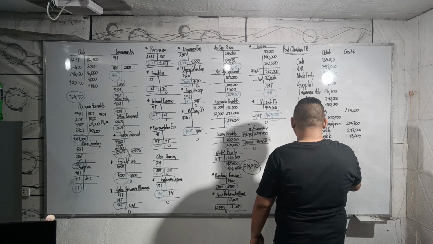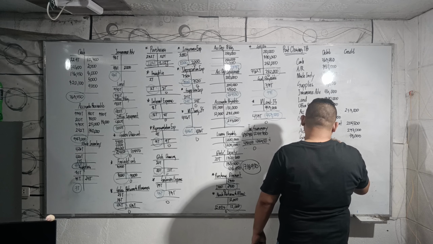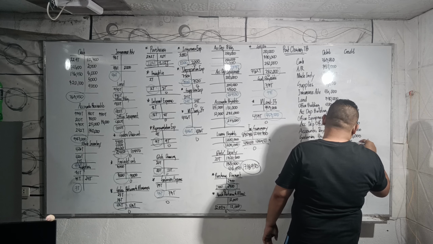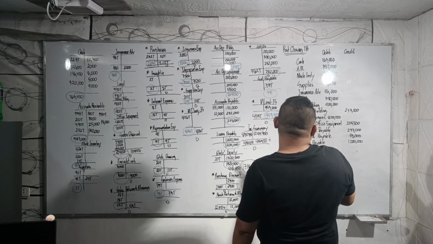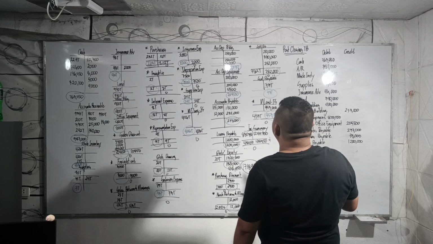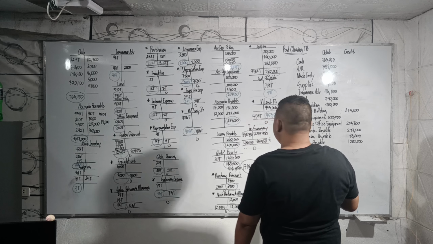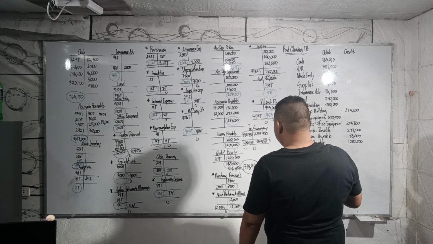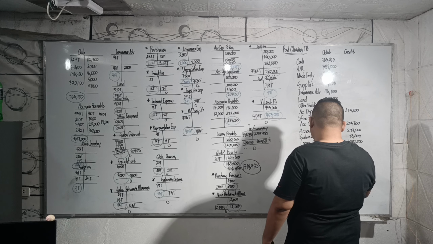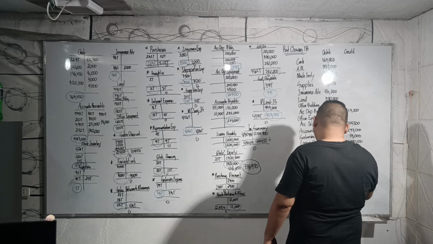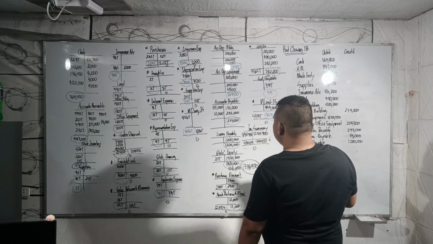And we have the loans payable, 1,200,000. So after that loans payable, we have, let's say, equity.